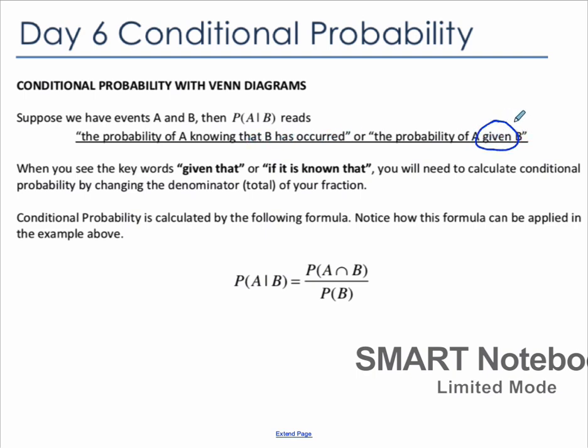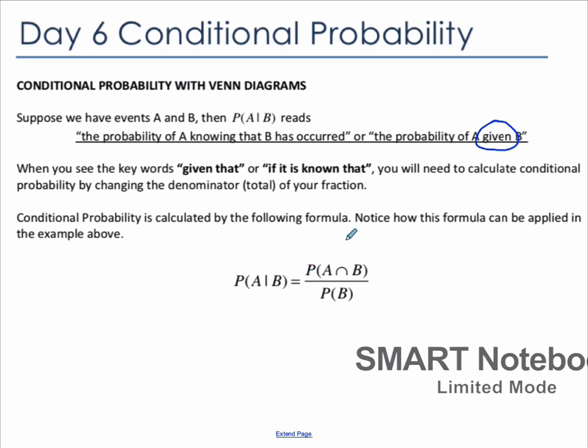Often we'll see the word given, or some other wording, but basically we're given a piece of information. So the given thing is always after the little vertical bar, so it reads probability of A given B. Okay, and here's a formula for it, and you'll see why it works in a second when we do some Venn diagrams and tree diagrams.